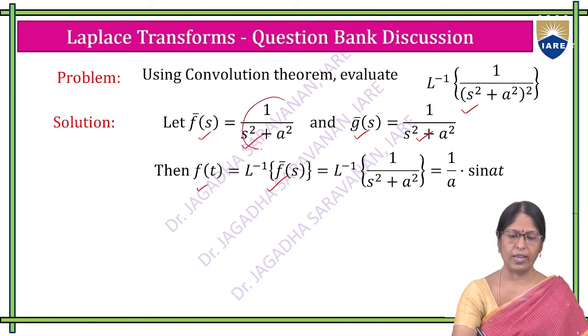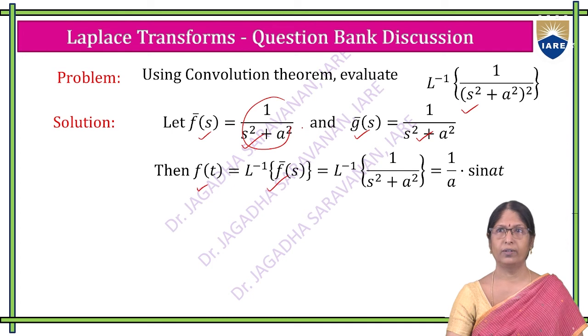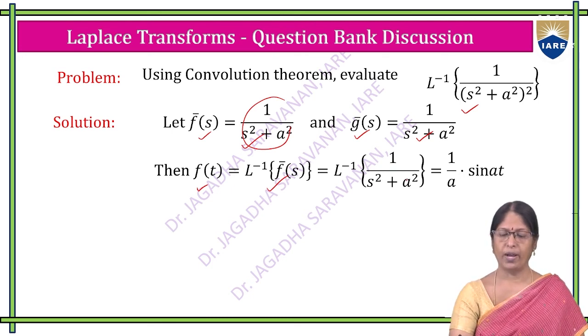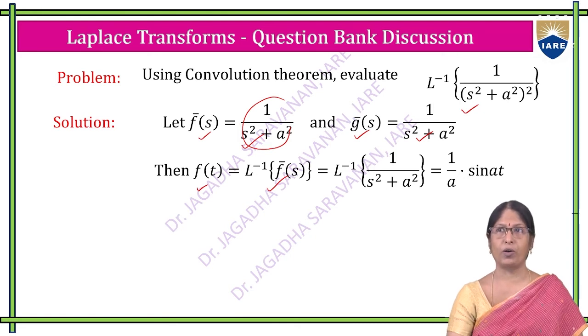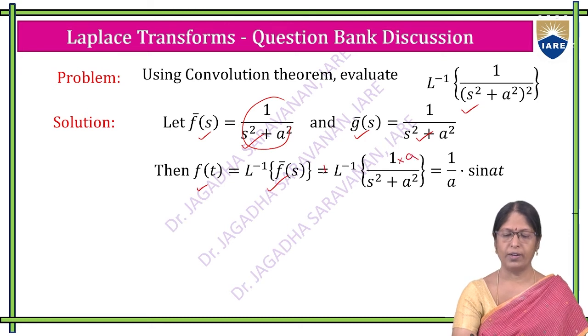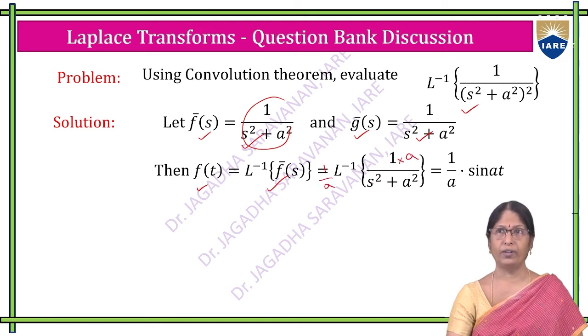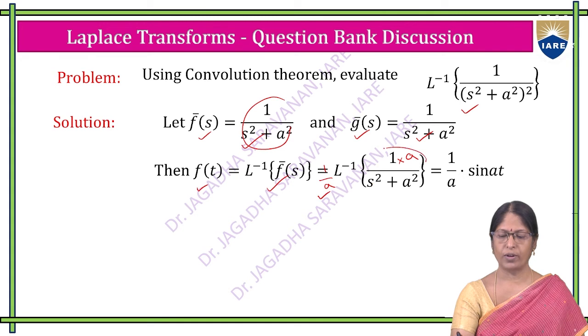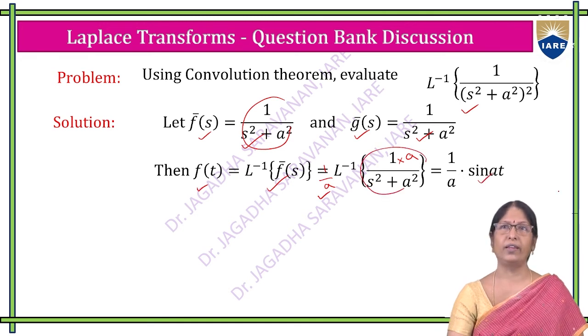For this L inverse we are finding, the top a should be there to fit the formula of sin at. So multiplying and dividing by a, we are doing 1 by a. For this the formula is sin at.